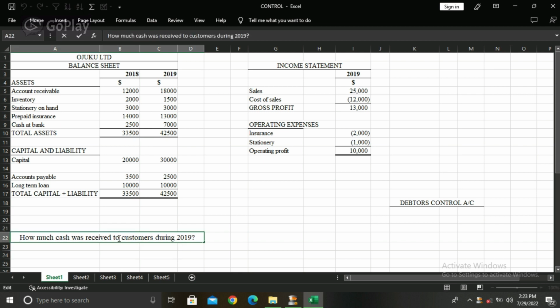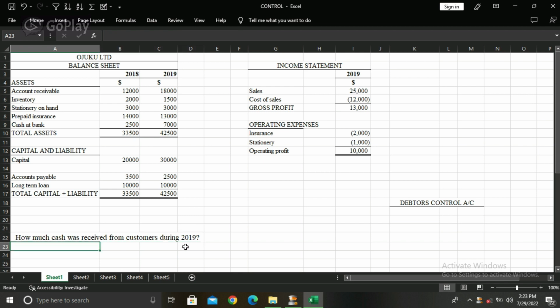Now you can see that our customers are our debtors. They are people that we sold goods to and we are supposed to receive money from them. They relate to this side, account receivable, 12,000 and then 18,000. So initially we have to go to the debtors control account. When we are preparing control account for debtors, we start with the opening balance.